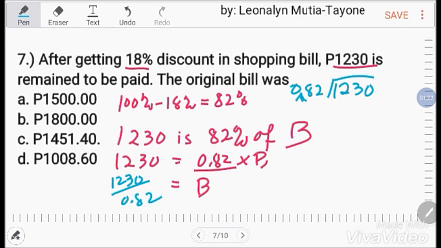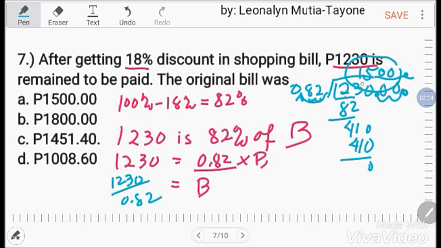Itong decimal niya, i-move mo, dalawa, 1, 2. So, ito rin decimal dito, 1, 2. Nandito na si decimal, pero maglagay ka ng dalawa ding 0 dyan. Itong si decimal dito, itaas mo siya. Akyat mo siya. Answer is 1,500, letter A.